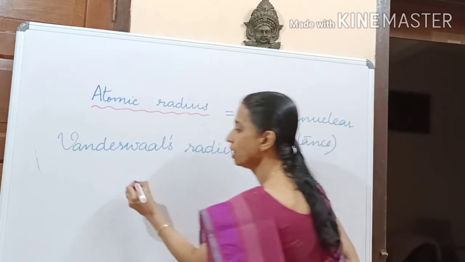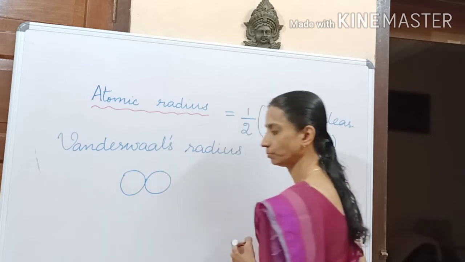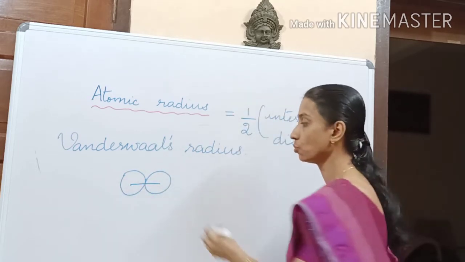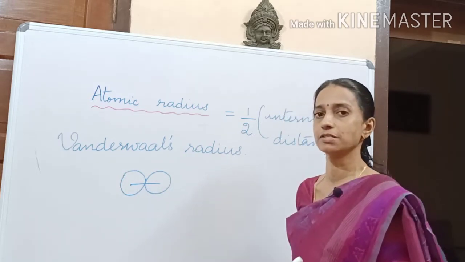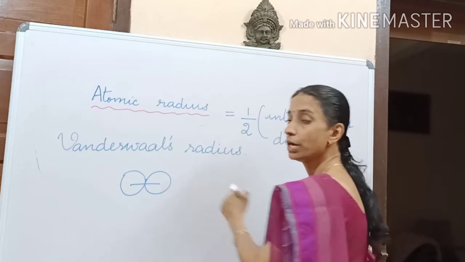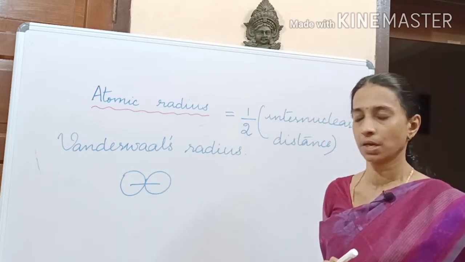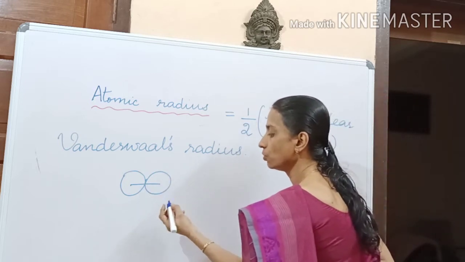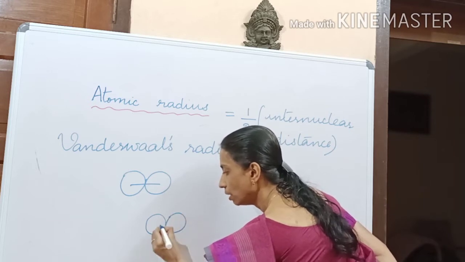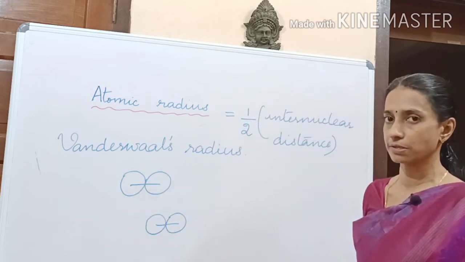Chlorine molecule is made up of two chlorine atoms bound together by a covalent bond. Half the internuclear distance becomes the covalent radius. We know that chlorine molecules exist in the gaseous state. So one chlorine molecule is separated from another chlorine molecule by a distance different from the covalent radius.